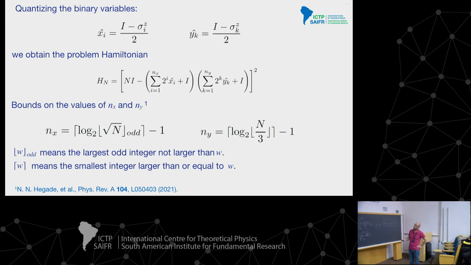And the ceiling function, this one, means the smallest integer larger than or equal to w, right? So if you apply this, it's possible to have integer numbers at the end of your computation. That will be the number of bits necessary to implement the variables x and y.